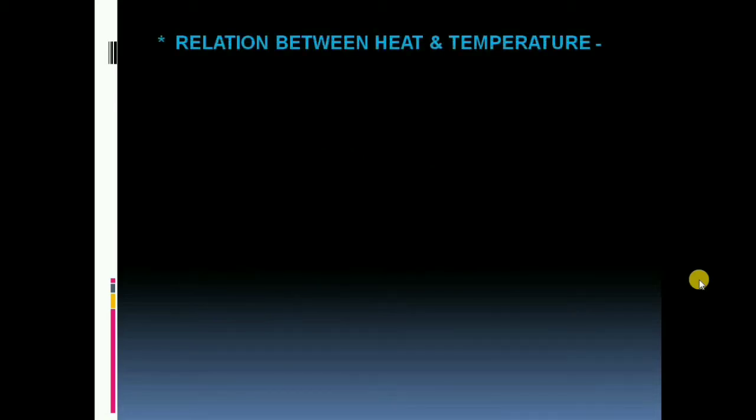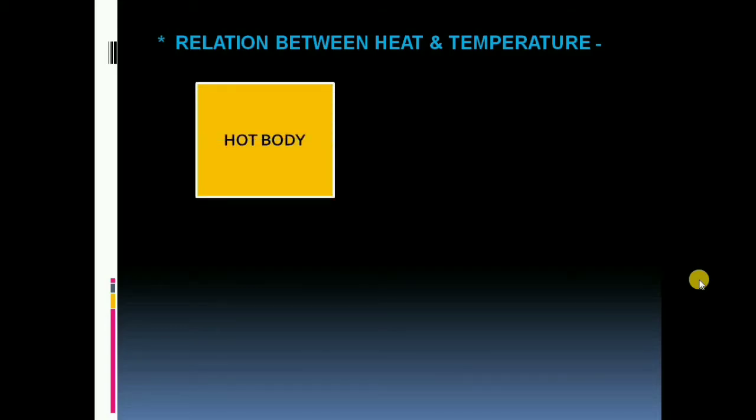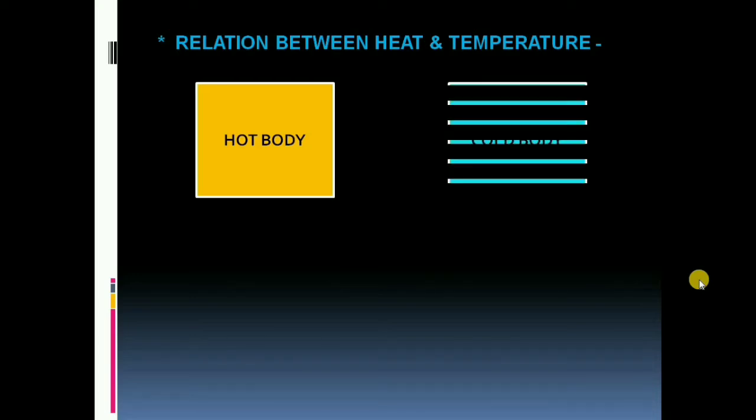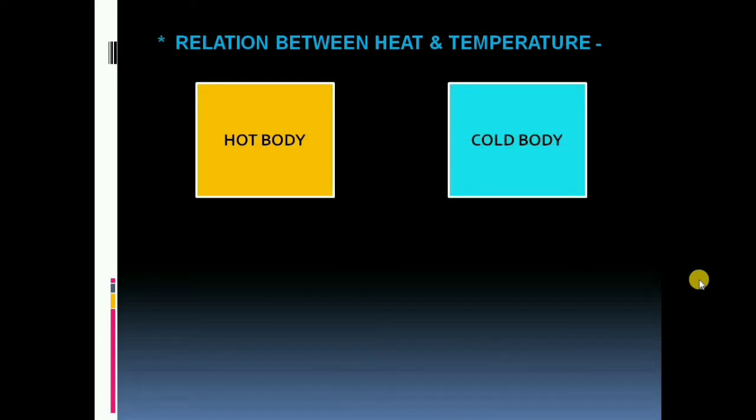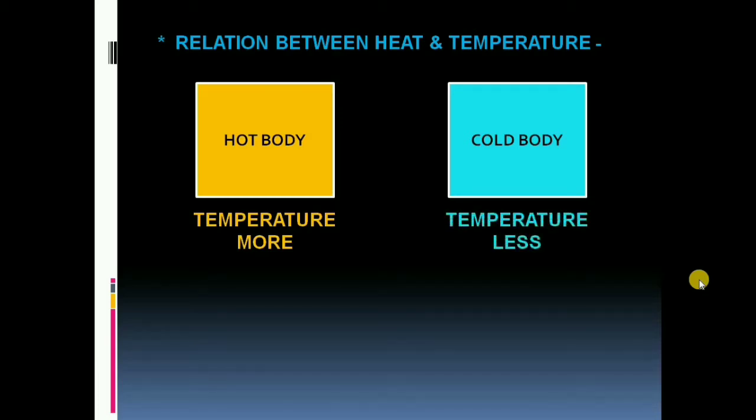Now let's understand the relation between heat and temperature. Often we make a mistake or we make a confusion between heat and temperature. We think that they are same, but they are entirely different. Suppose if we have a body and if that body is hot, and if we have a body and if that body is cold, then the temperature of the hot body will be more and temperature of the cold body will be less.